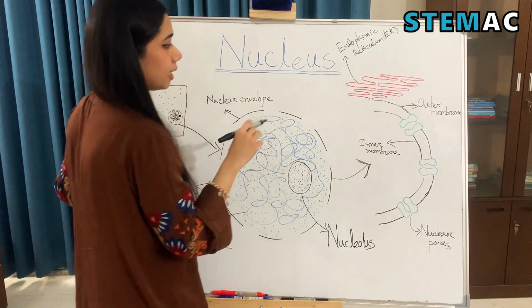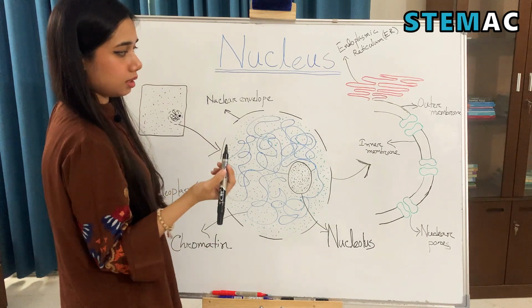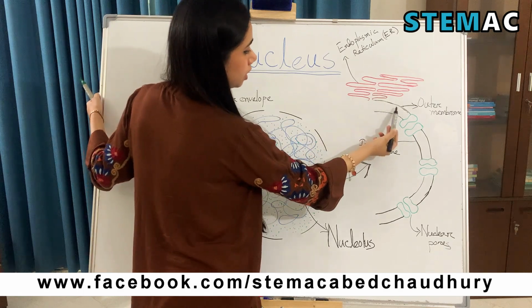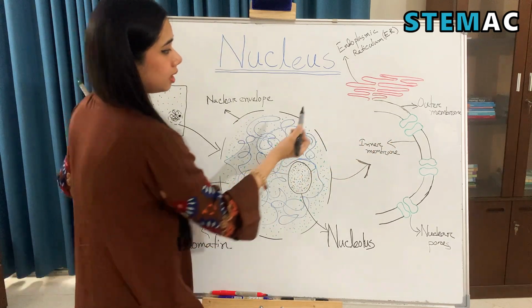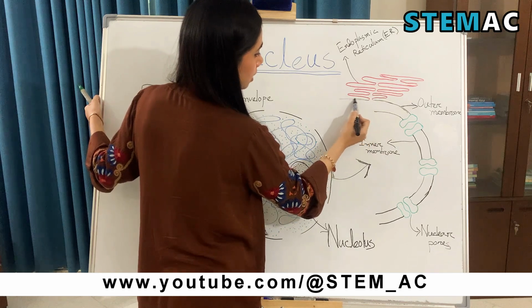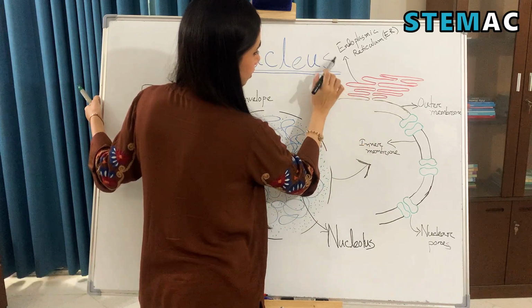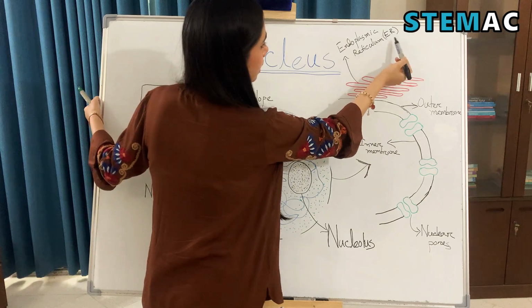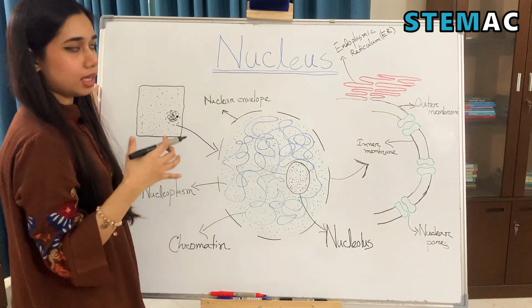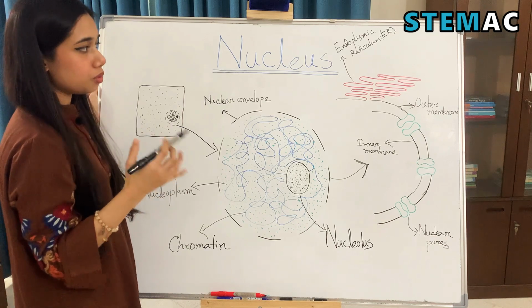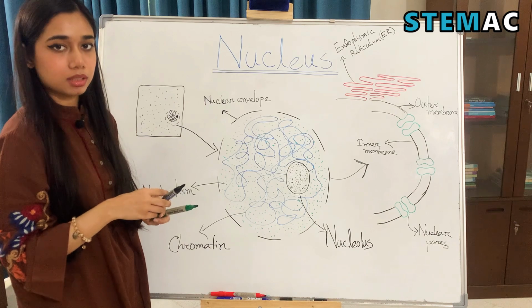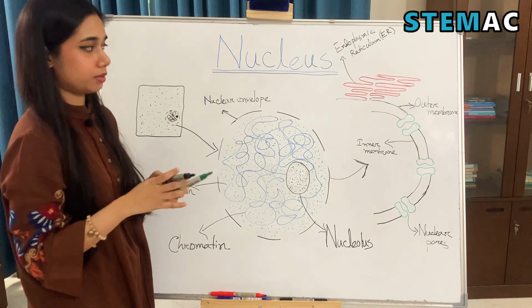Now one interesting fact about the nuclear envelope is that the outer membrane of the nuclear envelope is continuous with the endoplasmic reticulum. So this is an endoplasmic reticulum, or in short ER. Now the endoplasmic reticulum is an organelle, and it is of two types, which are smooth endoplasmic reticulum and rough endoplasmic reticulum.